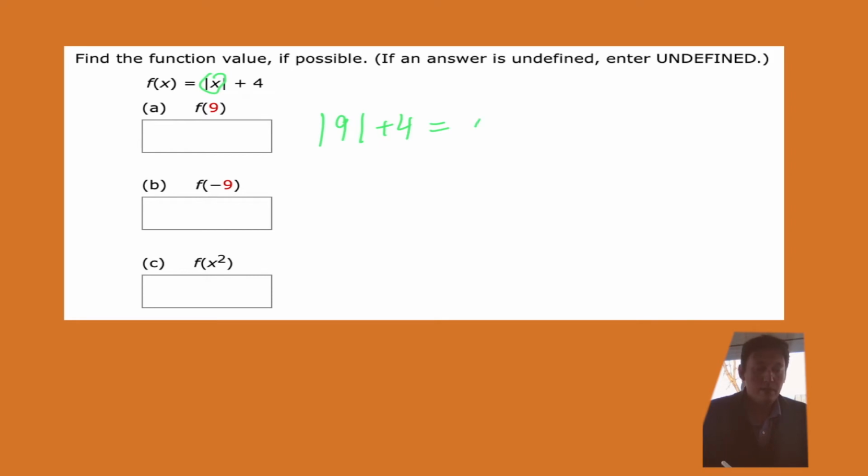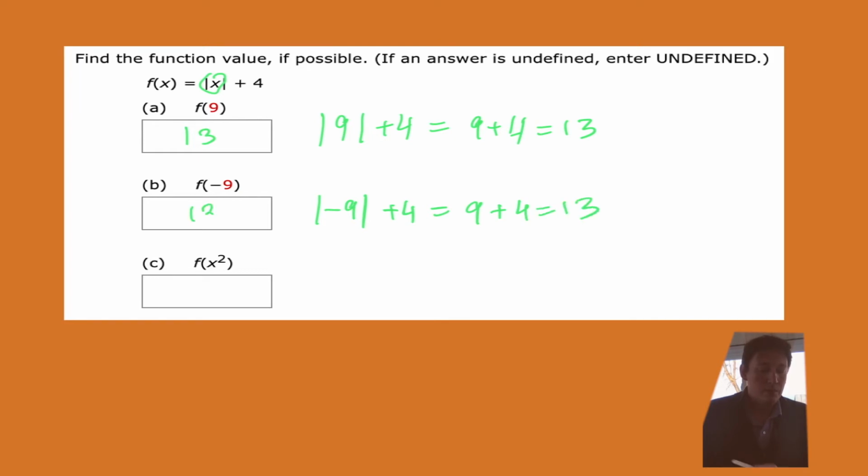So we have 9 plus 4, which is 13, and 13 goes here. So on that absolute value, we have a 9, 13. If we plug in negative 9 plus 4, the absolute value of a negative number turns into a positive. So again, we have 9 plus 4, which is again 13.